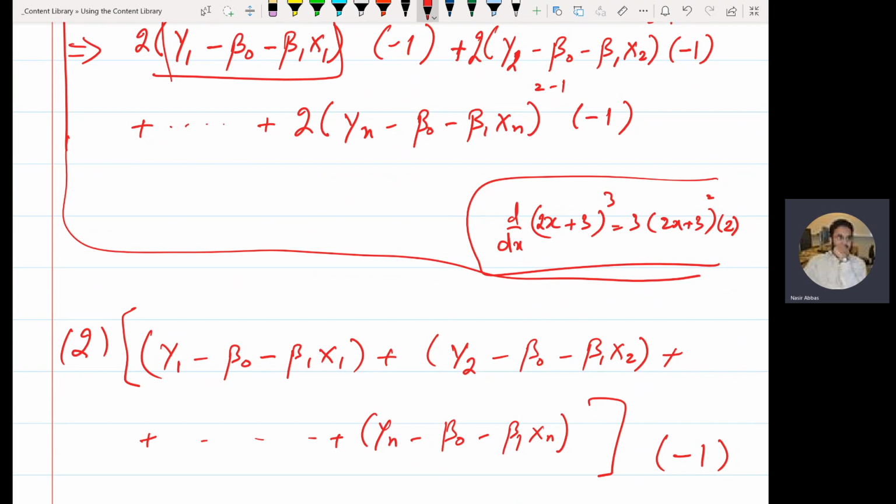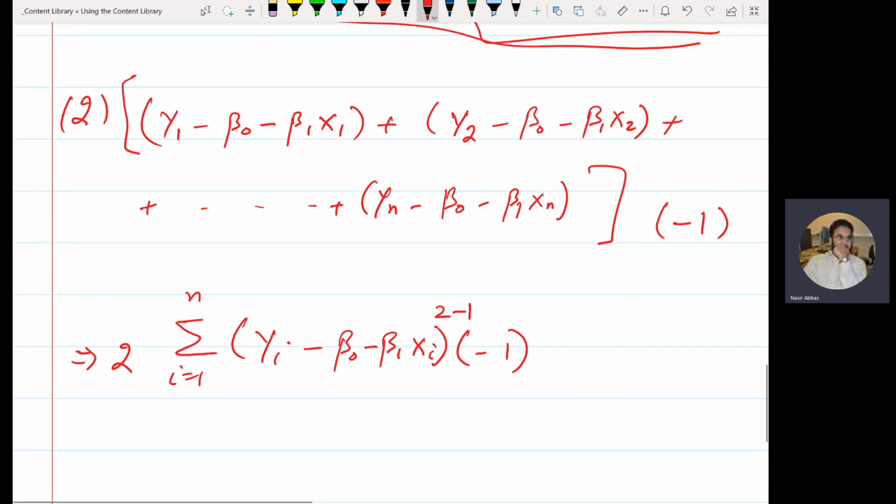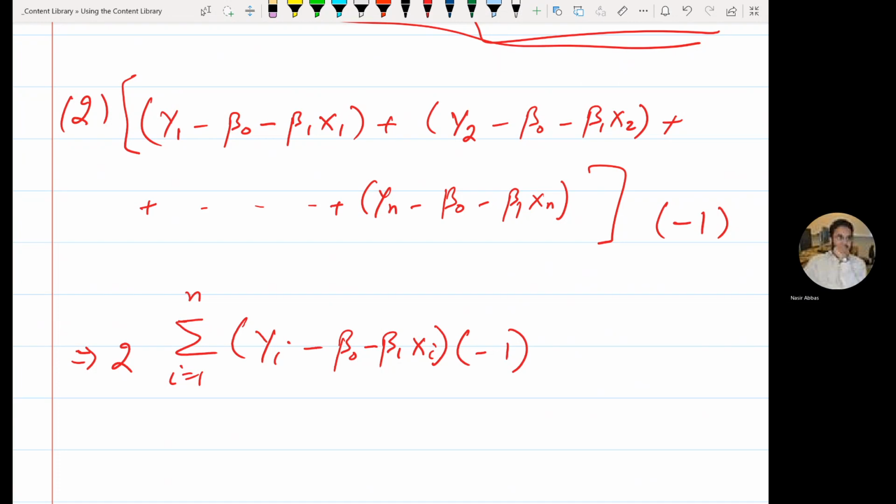So whatever is in the square brackets, I wrote it in terms of a summation. The square bracket. Two is there, minus 1 is there.